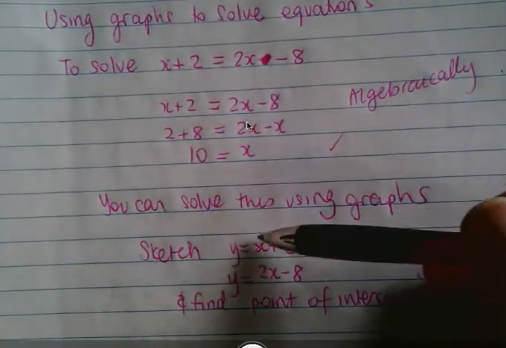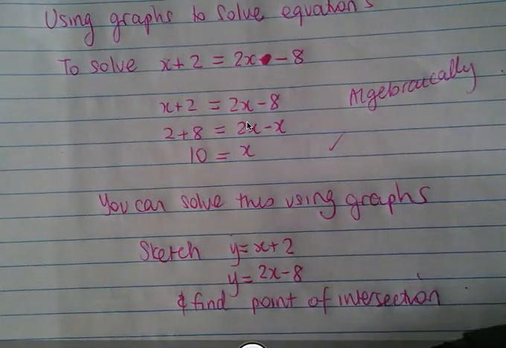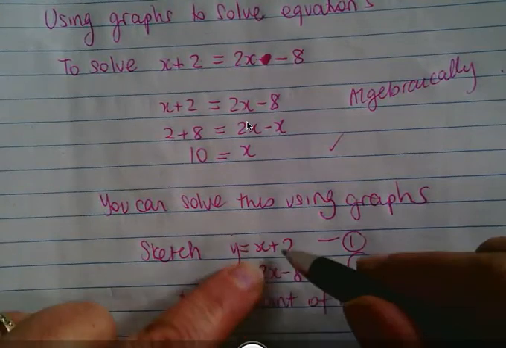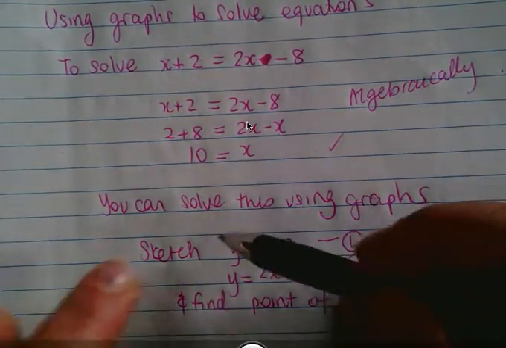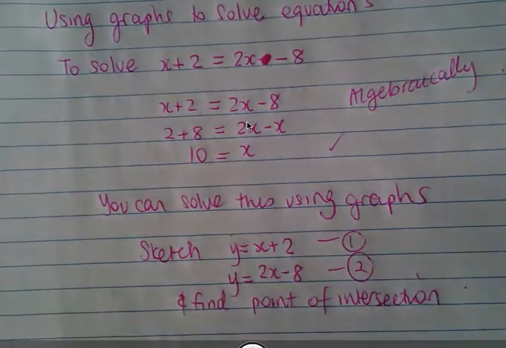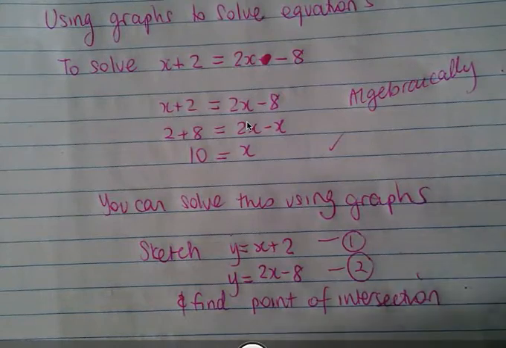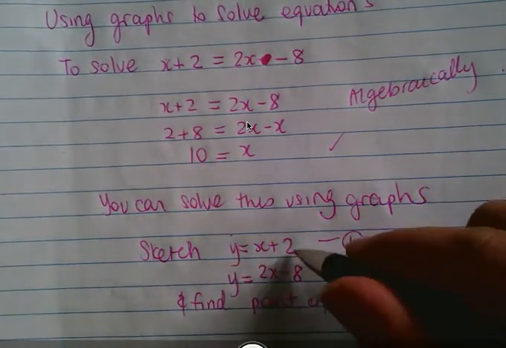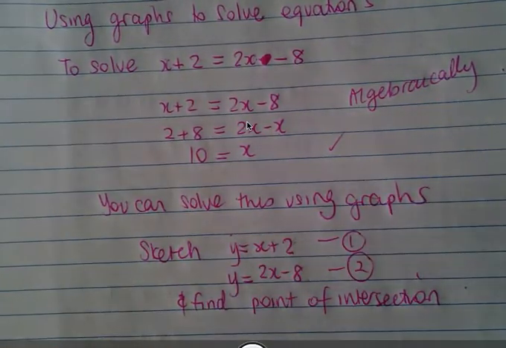So if I sketched y equals x plus 2 and y equals 2x minus 8, do you remember when you did simultaneous equations, if you've got that y is that, and y is that, can't you put those two equal to each other if you're solving simultaneously? Look, y is that and y is that. Doesn't that equal that? You sub equation 2 into 1 or equation 1 into 2. So if you were solving these simultaneously, I would just put 2x minus 8 equals x plus 2.